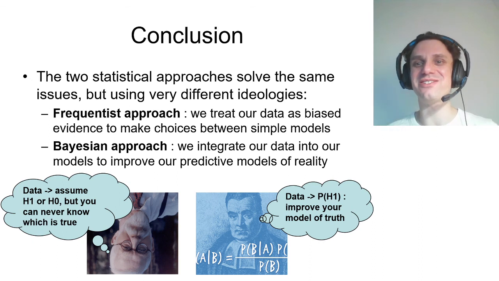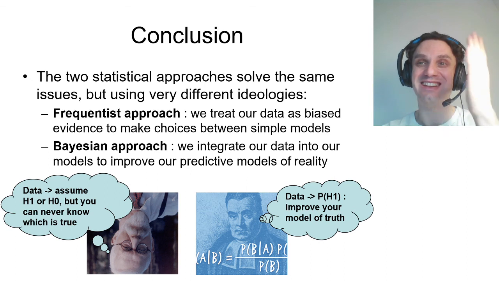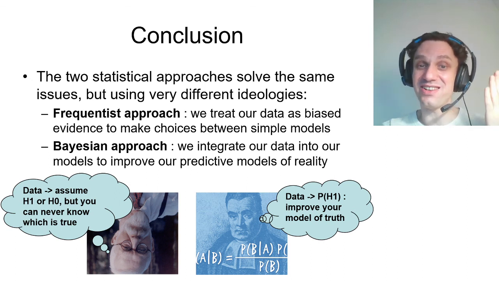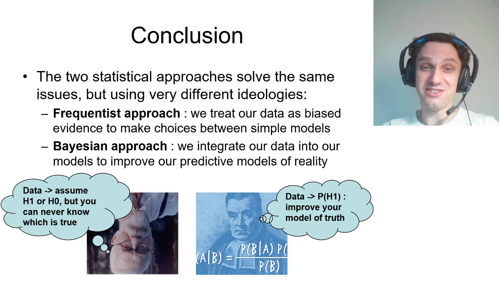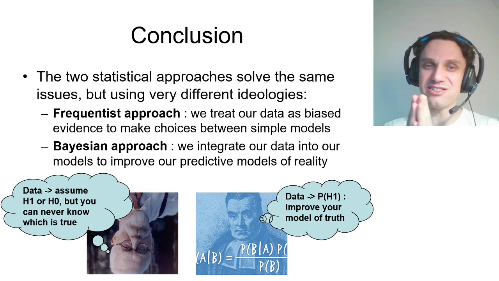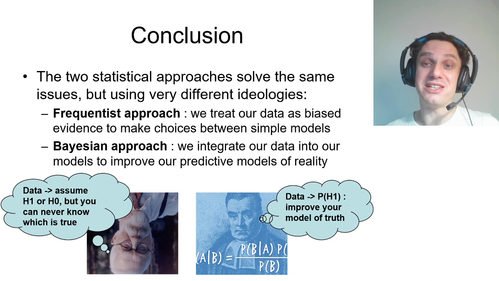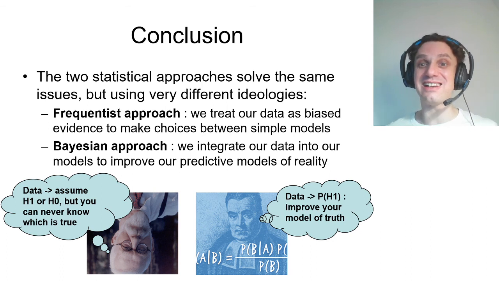If you just wanted to understand the general idea of Bayesian approach, this is the general conclusion. That traditional frequentist approach treats our data as biased evidence to make choices between simple assumptions, simple models of reality, H1 or H0, but you can never know which one is exactly true.